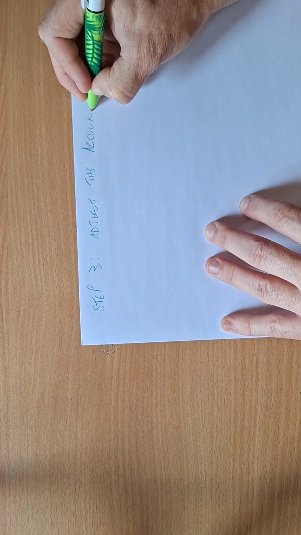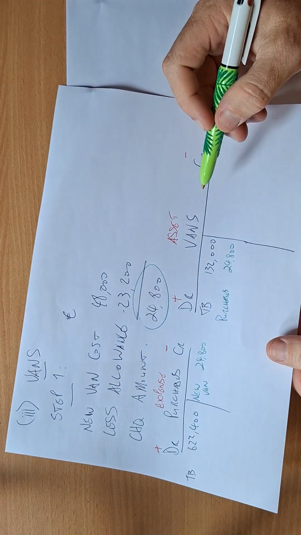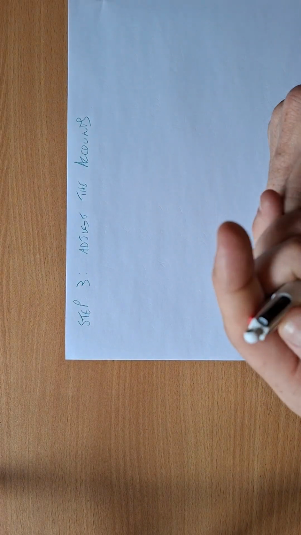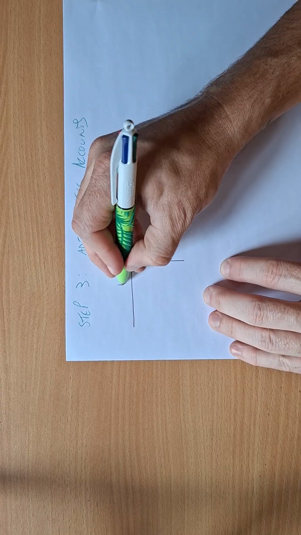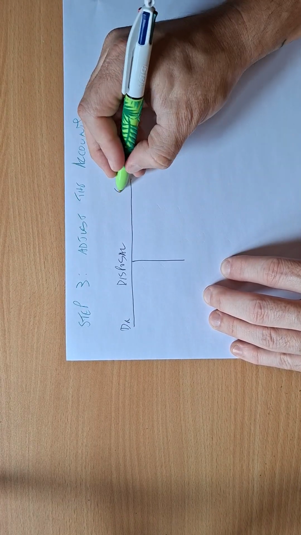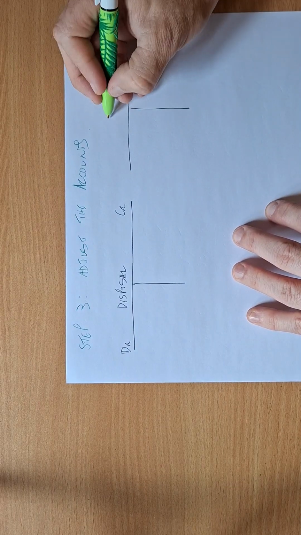The accounts you're really adjusting are the vans accounts, because we don't have all the additions and the disposal in. We're going to have to draw a disposal account, so I'm just going to draw a disposal. And the other one I'm going to have to adjust is the vans accumulated depreciation.